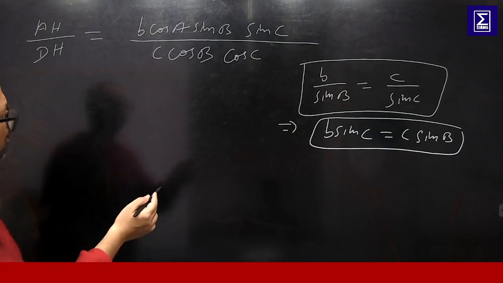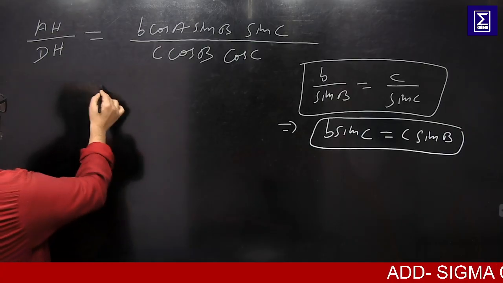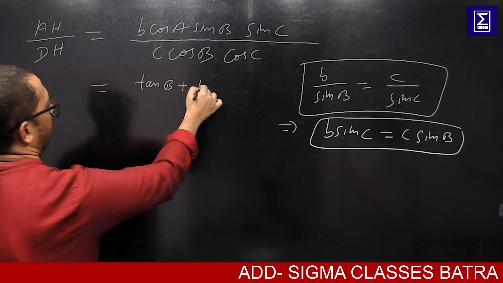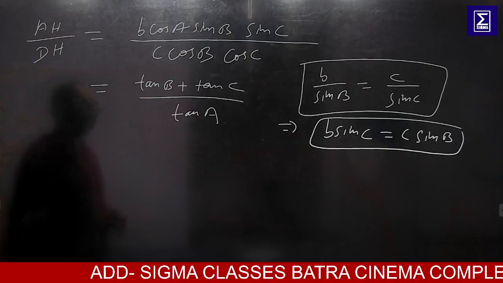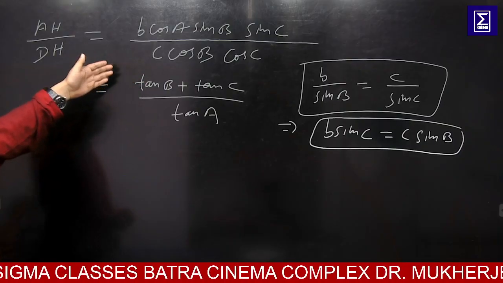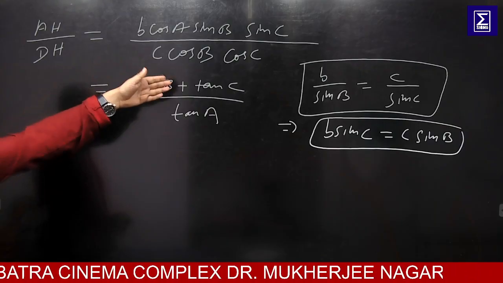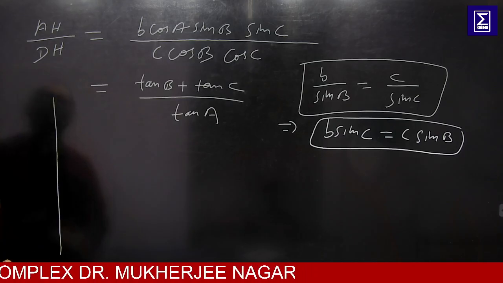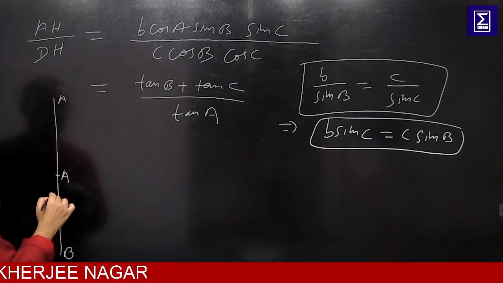Basically, if we transform it in the form of tan, because tan A is there, this transformation will take us into the form of tan B plus tan C upon tan A. This is a trigonometric step basically.